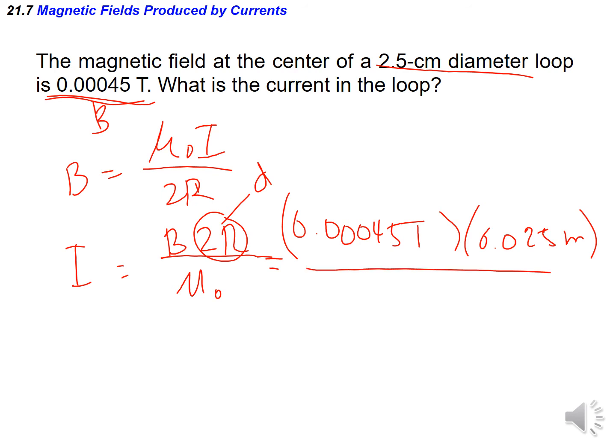This is to be divided by the value of permeability, or mu naught, which is 4 pi times 10 to the negative 7 Tesla meter over ampere. So this is equal to 8.95 amperes.